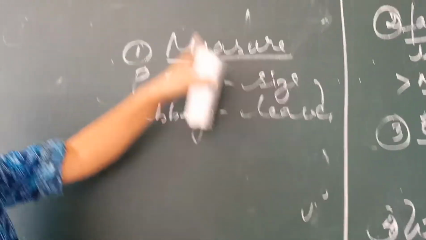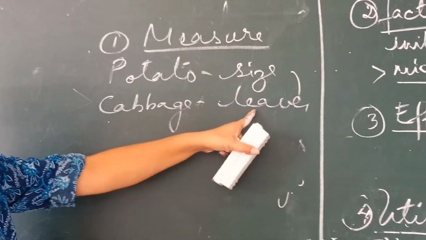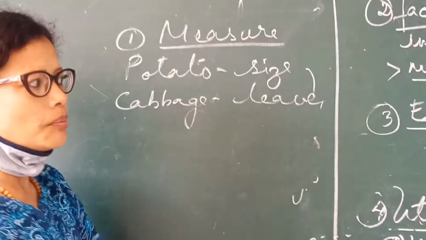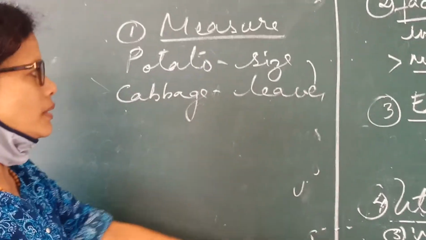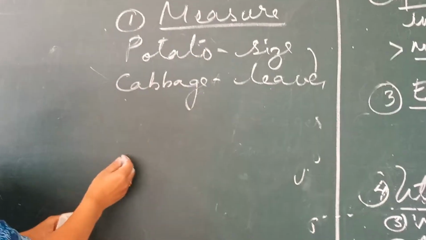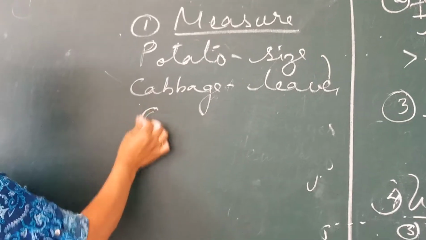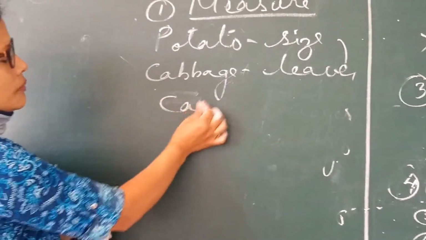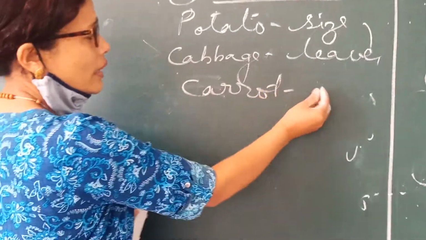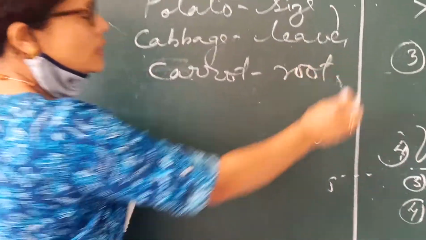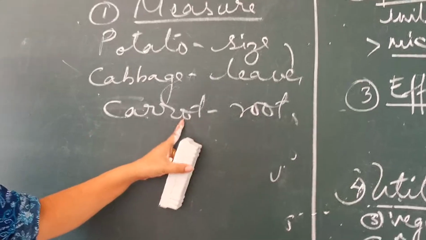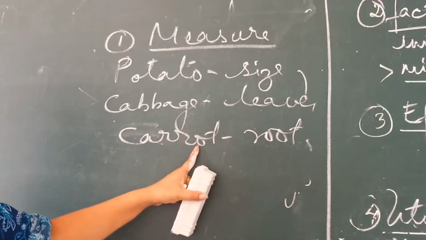That's why heterosis affects parts of the plant. It is not that it affects the whole body of the plant, but only the parts. When I talk about heterosis in the root, for example in carrot, then I am talking about heterosis in root, because carrot is nothing but a modified tap root.